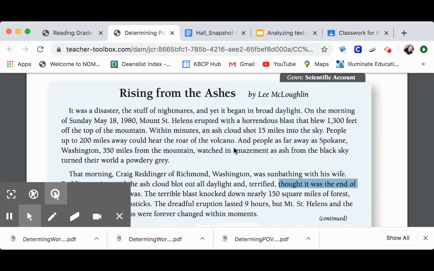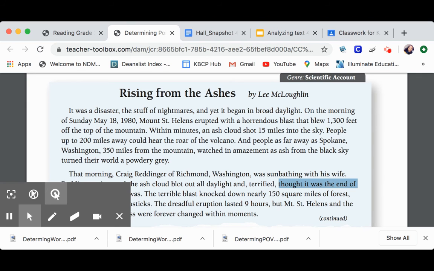Which we had talked about. I'm just going back through it. So the words disaster and nightmare suggest his feeling of horror about an event. Now we know somebody feeling horrible is a bad thing. In the second sentence, the author uses the horrendous blast, which we talked about. The phrase is also a clue as to how the author feels about the eruption.